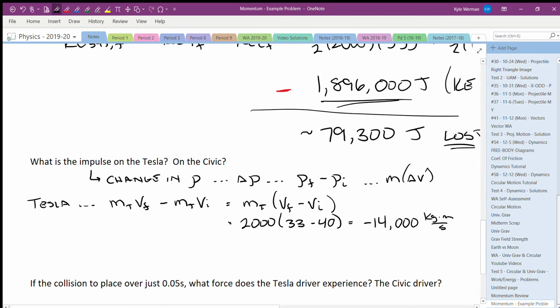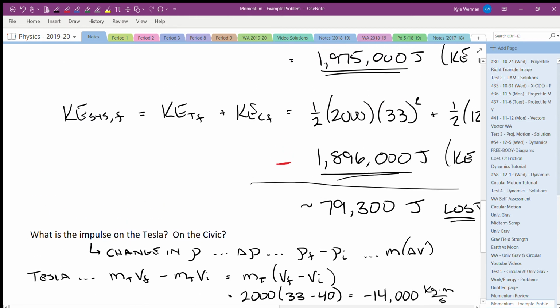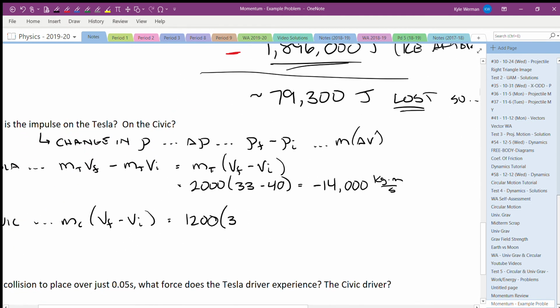Now, what should it be on the Civic? Well, we could calculate it the same way, right? The Civic's mass times the Civic's final velocity subtracted by the initial, which you get 1,200. It finishes going 36.67. It started at only 25. And you're going to have some rounding errors, but I don't even need a calculator here.